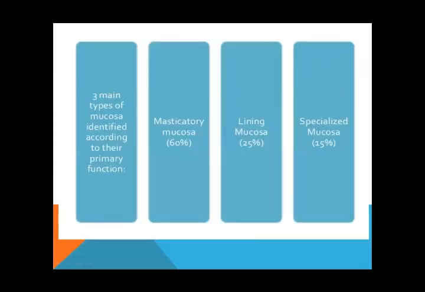Three main types of mucosa are identified according to their primary function. Number one is the masticatory mucosa, second is the lining mucosa, and third is the specialized mucosa.